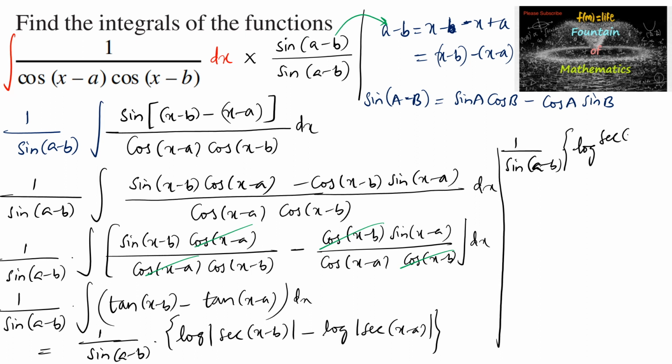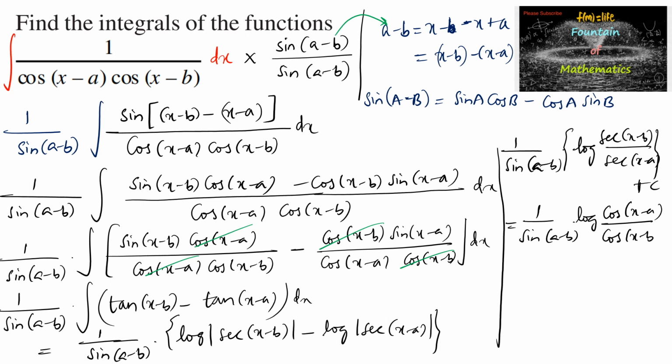So we can write log secant of x minus b divided by secant of x minus a plus integral constant c, or we can write 1 upon sine of a minus b into log, here 1 upon secant we can write cos of x minus a divided by cos of x minus b plus c. So we can conclude the answer 1 upon sine of a minus b into log cos of x minus a upon cos of x minus b plus c will be the answer.